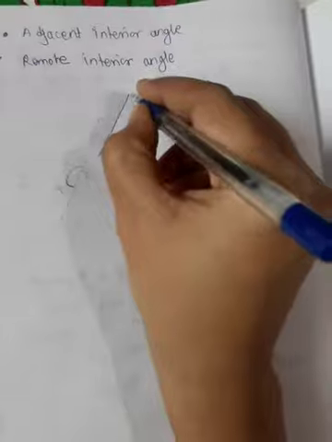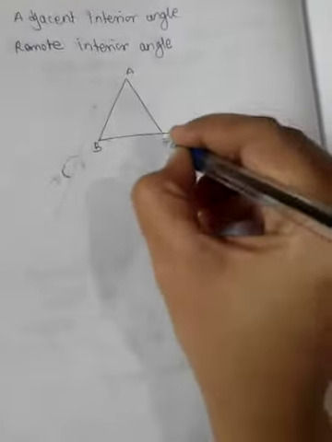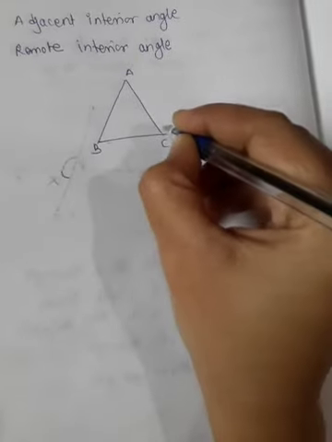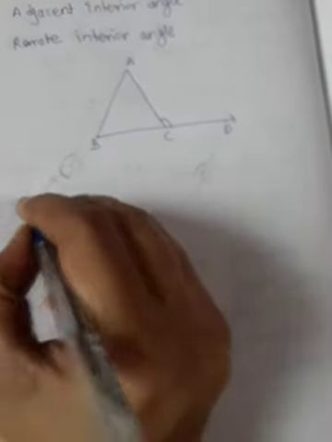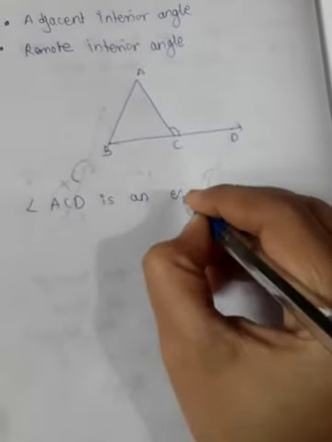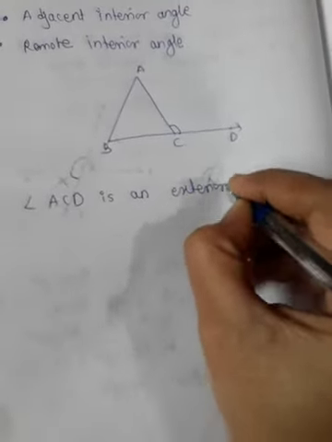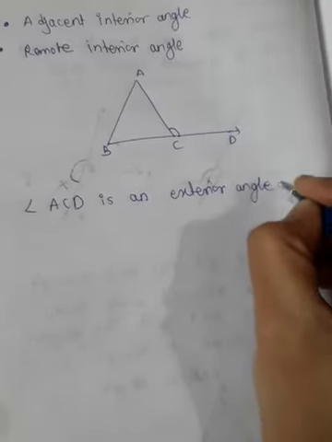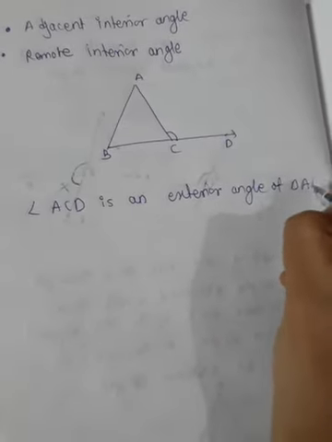See here, angle ACD is an exterior angle of triangle ABC.